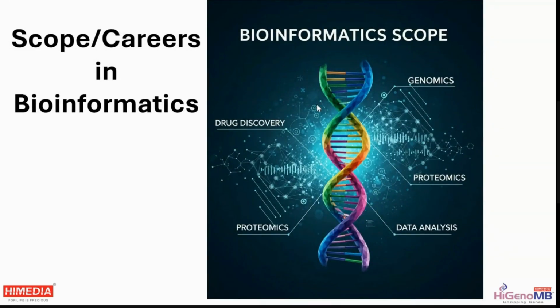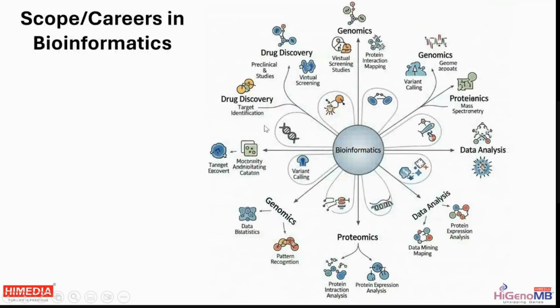So there are certain options, certain major terminologies which are available. You can become a bioinformatician in the world of genomics, the world of proteomics, or become a data analyst, or you can become a bioinformatician to help in drug discoveries. Okay, so how to do that?